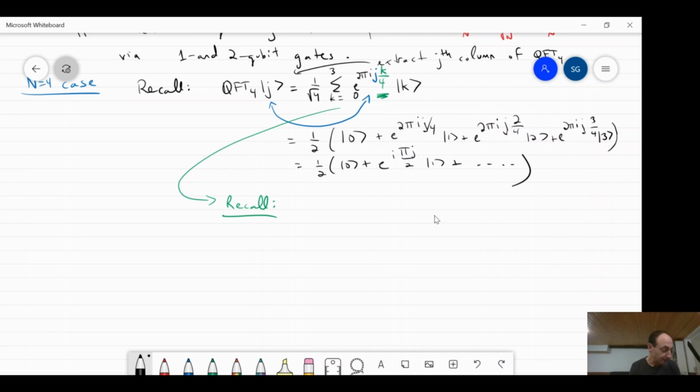So if I divide an integer a by, say, 2 to the k, I want a over 2 to the k.